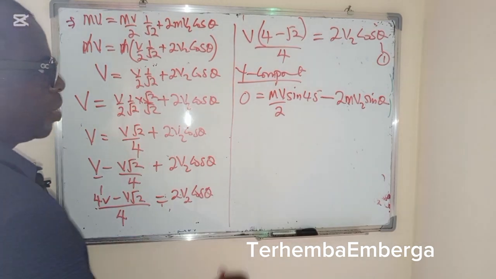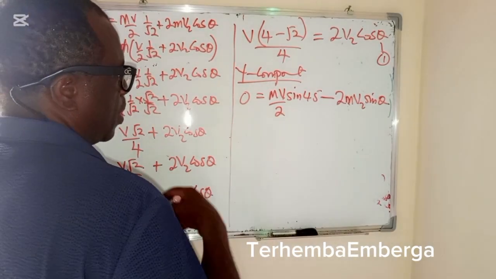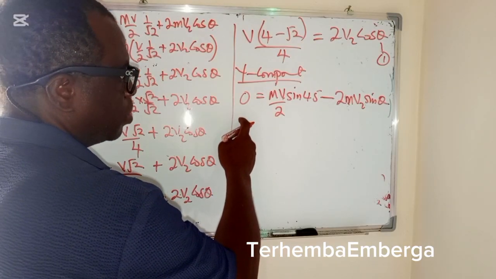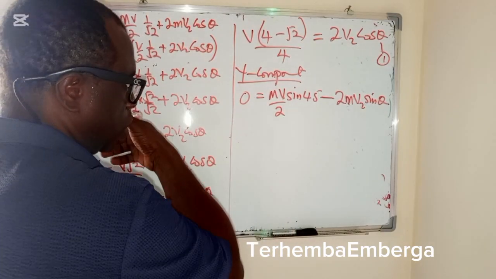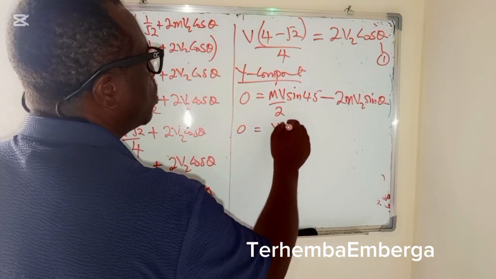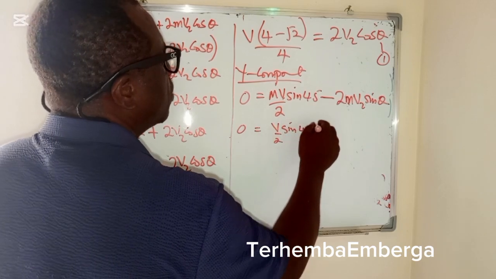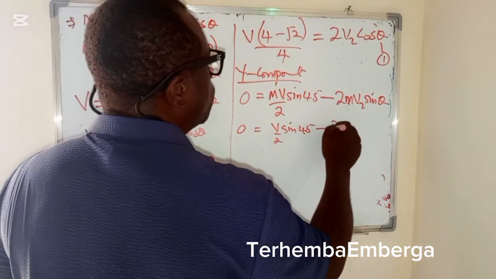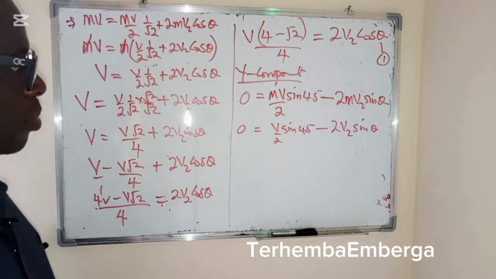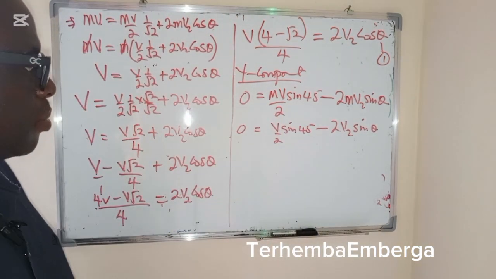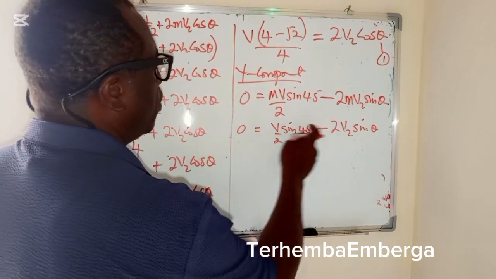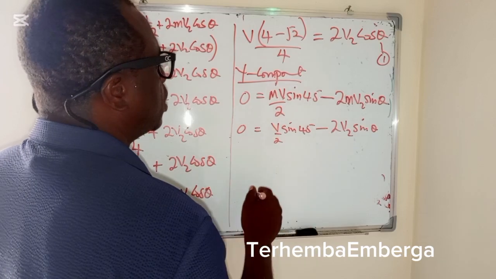Remember, if you divide this equation through by m, we have 0 equal to v over 2 sine 45 minus 2 v2 sine theta. By the time you take this to the other side, the left hand side, it becomes positive.